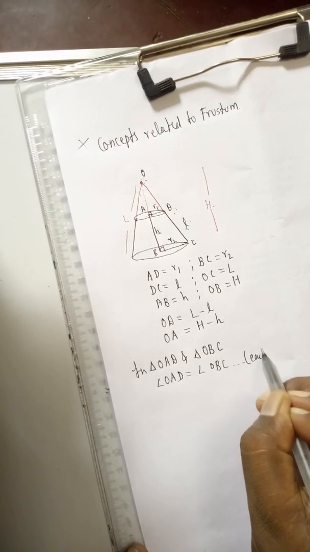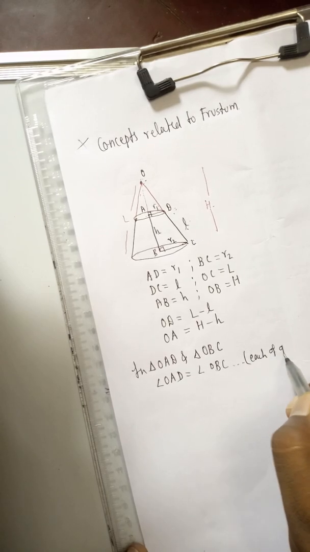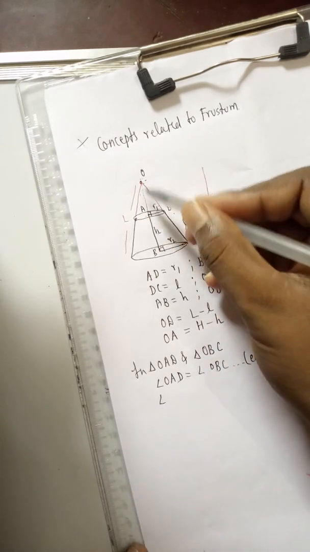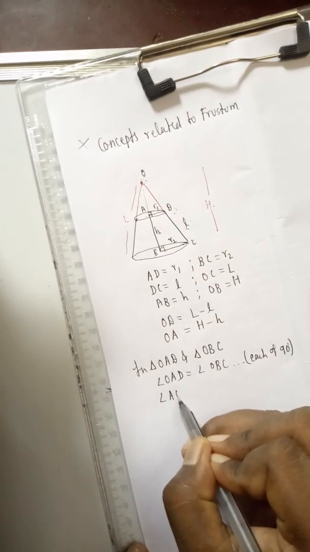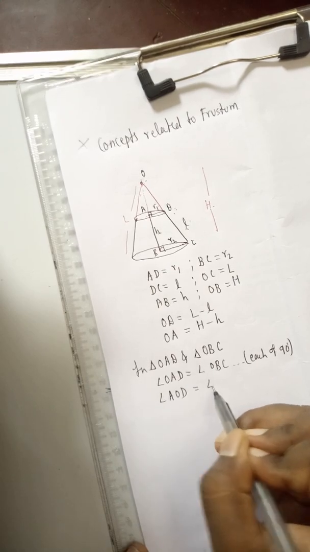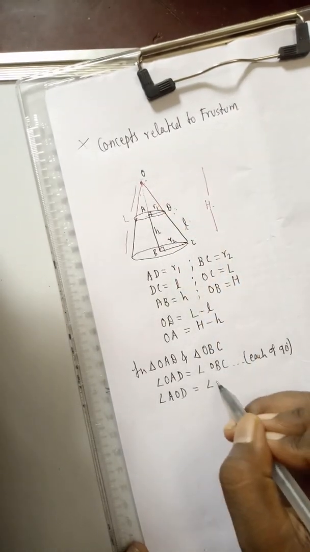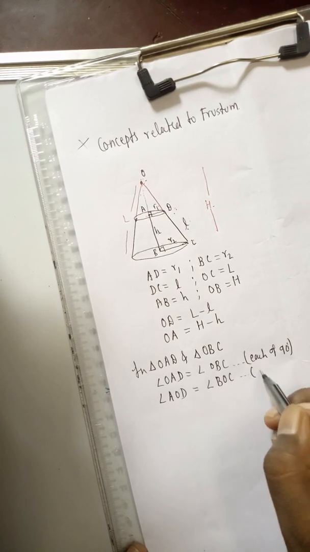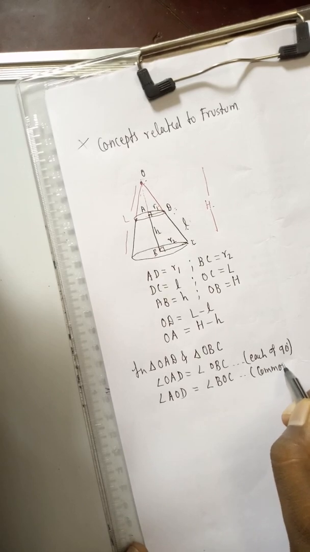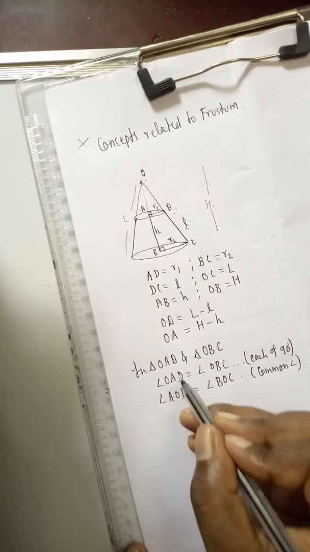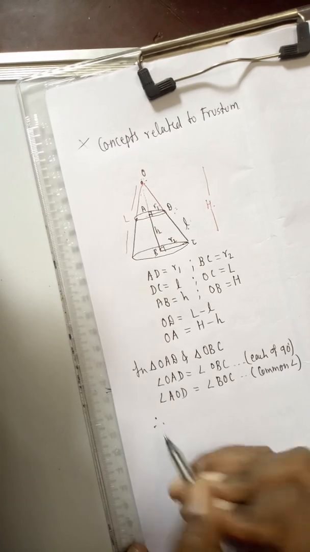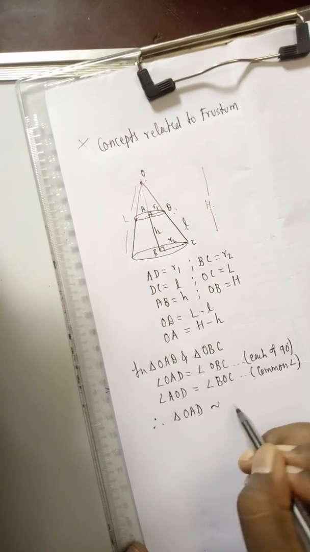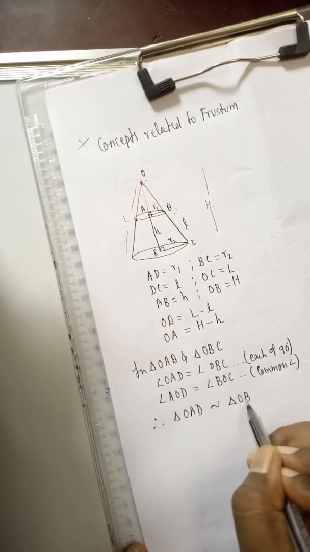Reason is each of 90 degree. Hope this is clear. Second angle, angle AOD equals angle BOC, which is nothing but, we can say it is common angle. As we got two pairs of angles, therefore triangle OAD is similar to triangle OBC.